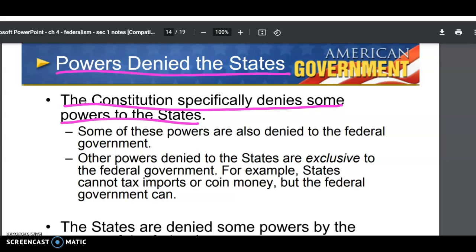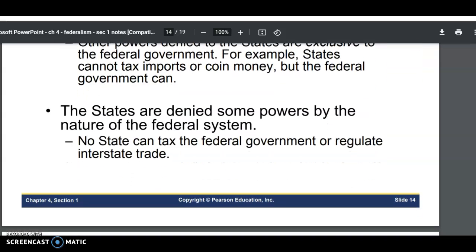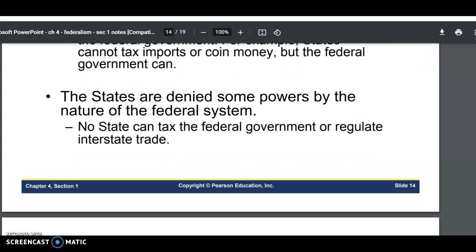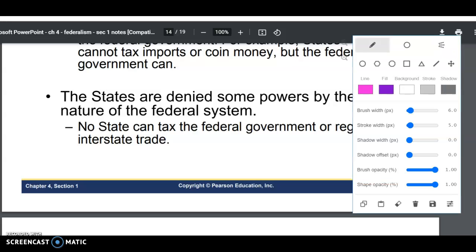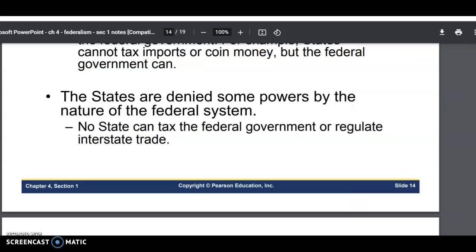For example, states cannot tax imports or coin money, make money, but the federal government can. So the Constitution says states are not allowed to do those things. The states are denied some powers by the nature of the federal system. For example, no state can tax the federal government or regulate interstate trade.